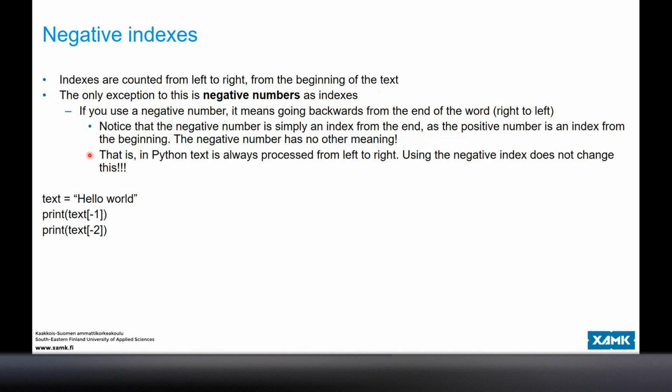The negative number is just a way to reference one individual letter inside this string of text from the end. This is something to keep in mind, and it is actually a way you can make mistakes and wonder why it doesn't work. That's why I'm pointing it out right now.